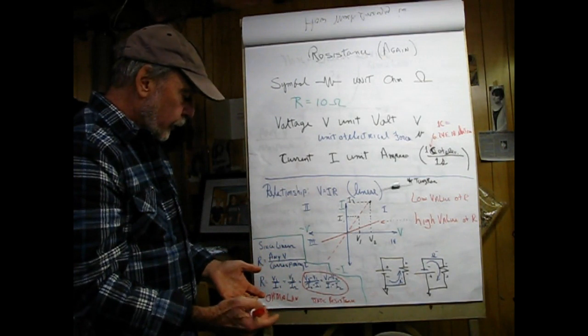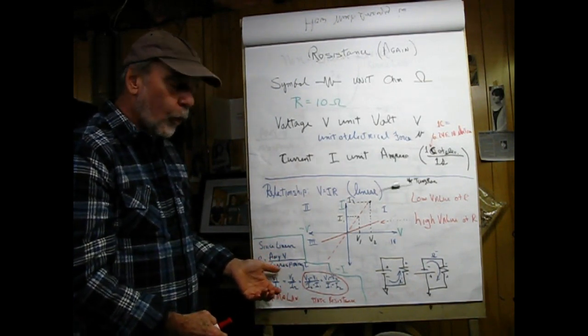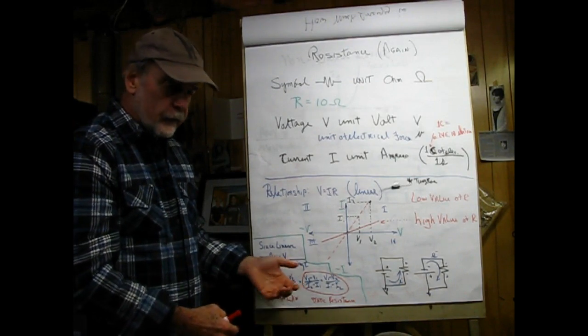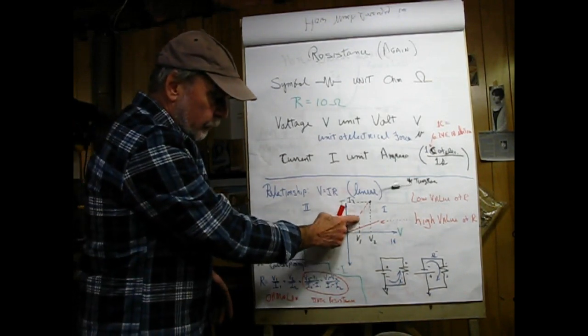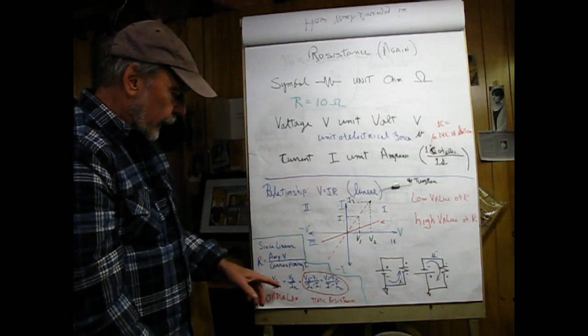So since it is linear, I can say that any voltage divided by its corresponding current, that point on the graph, if you will, is going to be a constant.